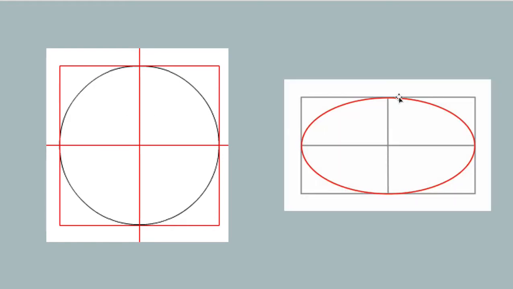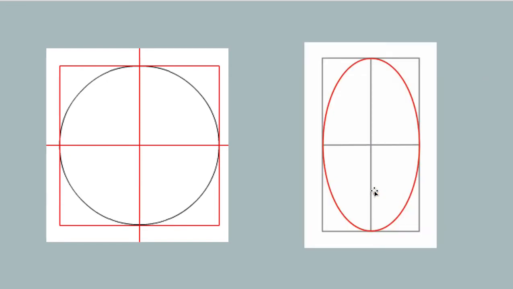So here is an ellipse. An ellipse is a circle seen from an angle. That's one way of thinking about it. But again, you'll see the same thing. Dividing it vertically, top to bottom, horizontally, right to left, it touches at the four corners. Instead of being a circle, you'll notice that an ellipse sits inside of a rectangle.